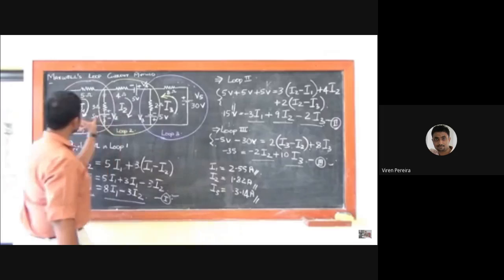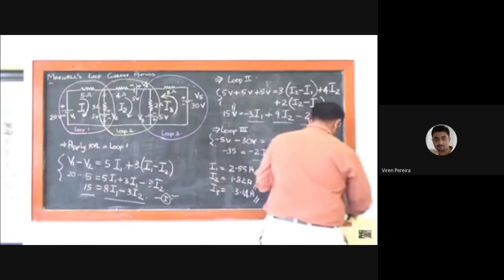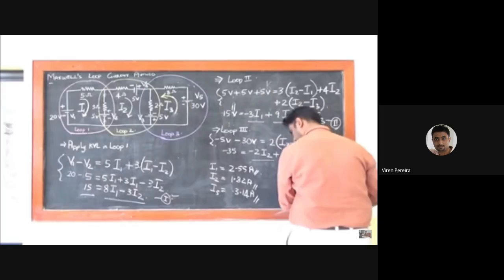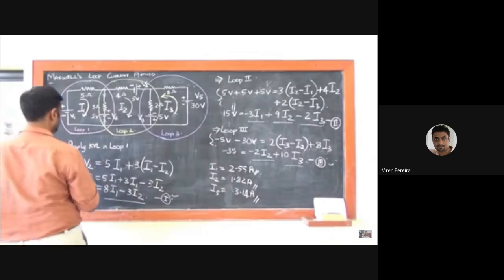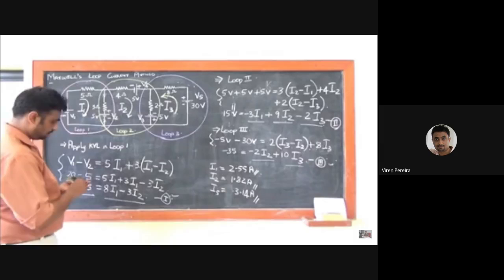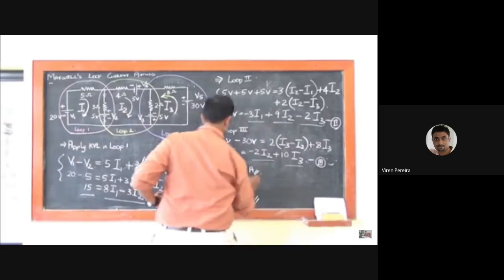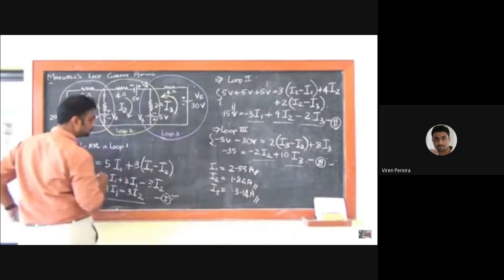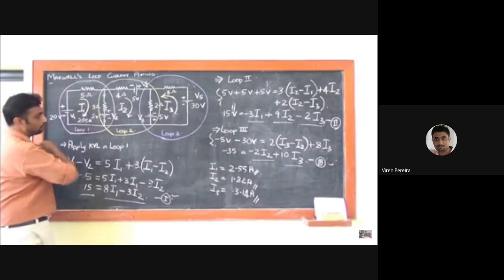Now I will put all these currents in my loops. So my first current, I1, is 2.55 amps in clockwise.